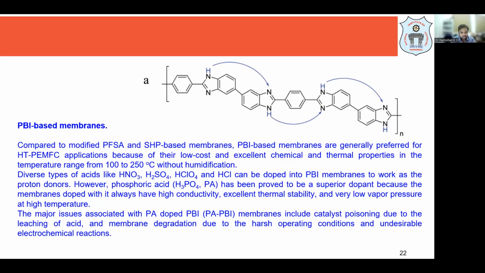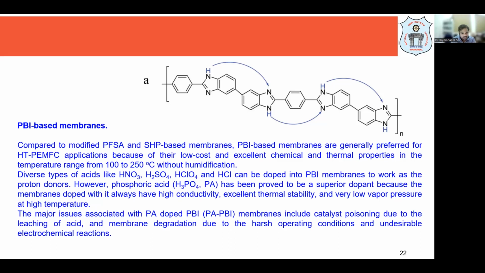If you compare to the modified PFSA or SPEEK-based membranes which you saw in the beginning of this lecture, these PBI-based membranes are generally preferred for high temperature PEM fuel cells because of their low cost and excellent chemical and thermal properties in the temperature range up to 250 degrees Celsius, even without humidity.